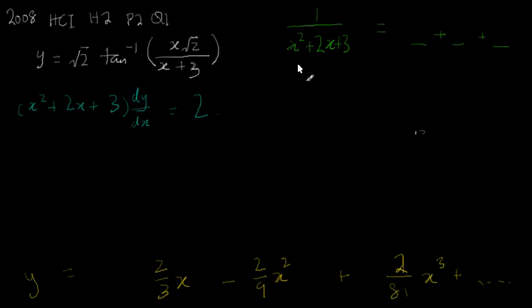If you notice that this denominator here is exactly the same as this bracket, then you will realize that this is actually, if I move this over to the other side and move the 2 over there, if I cross multiply, so the 2 comes here and this one comes there, I'll get 1 over this on the right hand side, and on the other side I'll get half of dy/dx.